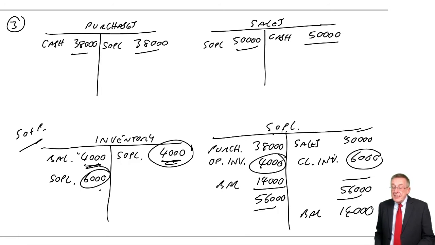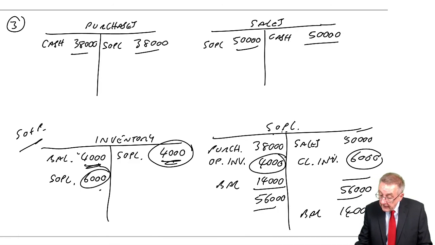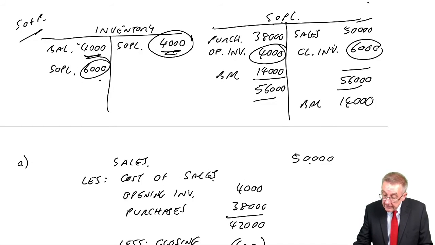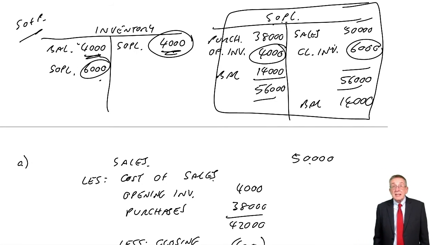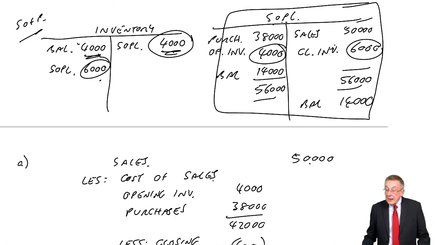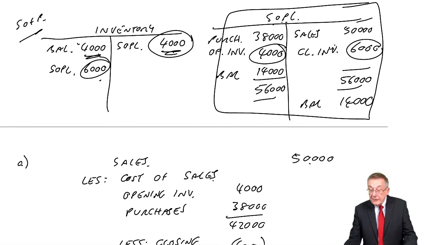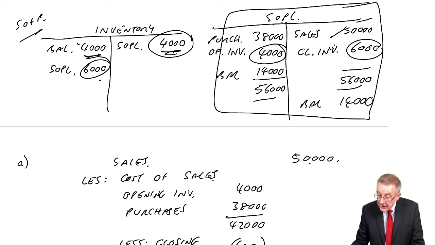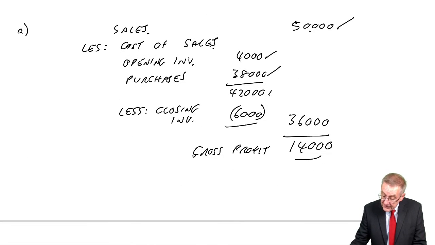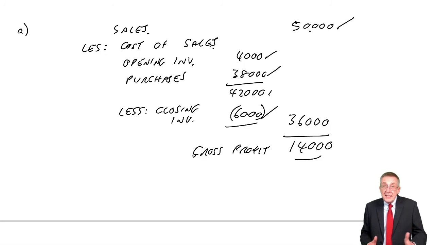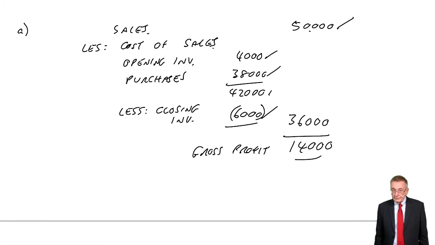But what we've done is much neater because, remember, the statement of profit or loss is rewriting the T account. And having done the T account, we've got every figure we need. Sales 50, sales 50. Opening inventory 4, 4, 38, 38, 6, 6. It's just much neater to do it the way I've done.